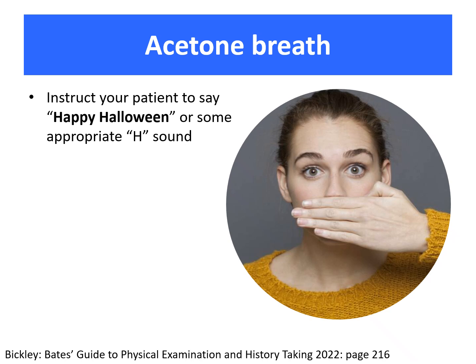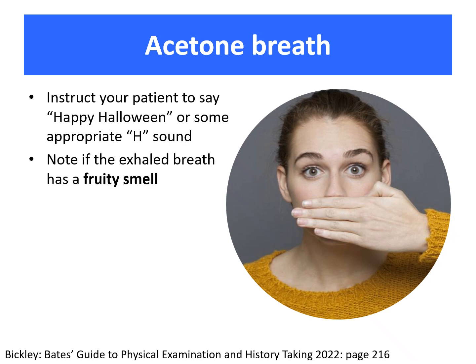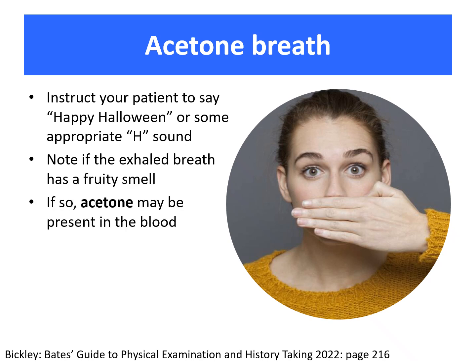If you suspect acetone breath in a patient with abdominal pain and you're thinking this is diabetic ketoacidosis, instruct your patient to say Happy Halloween or some other H sound like Hanukkah or Happy Anniversary, and you're going to note if the expelled breath has a fruity smell to it. If it does, then acetone may be present in the blood, and this is indicative of diabetic ketoacidosis.